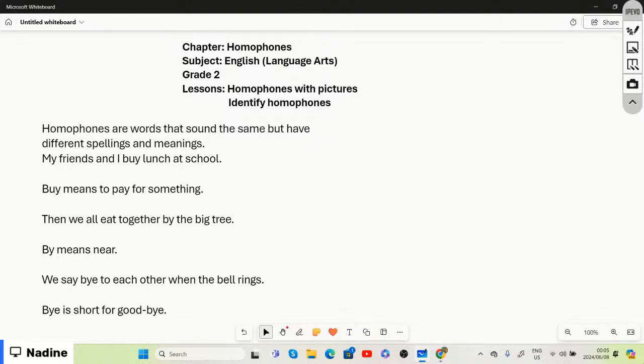So homophones are words that sound the same, but they have different spellings, and they have different meanings.